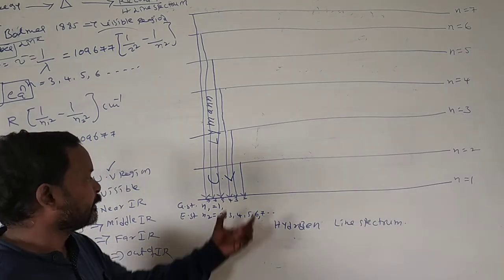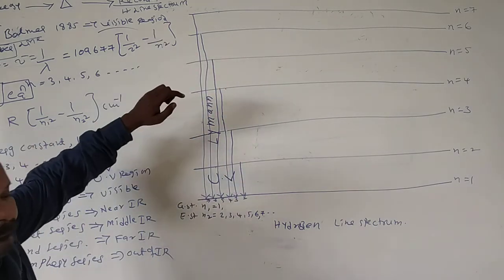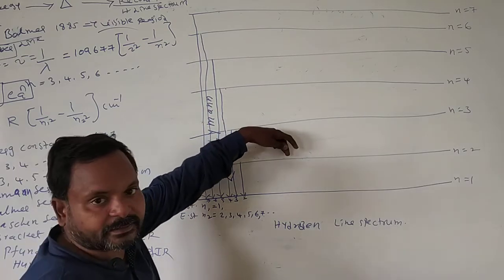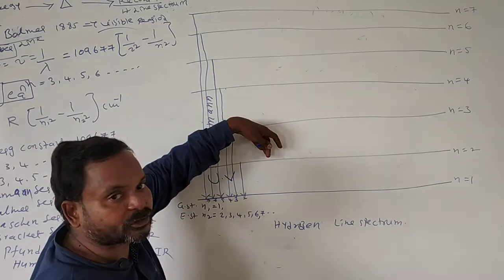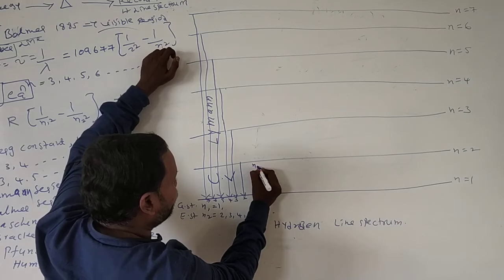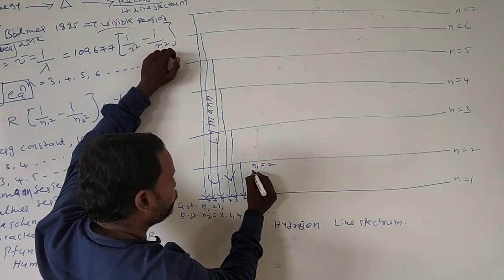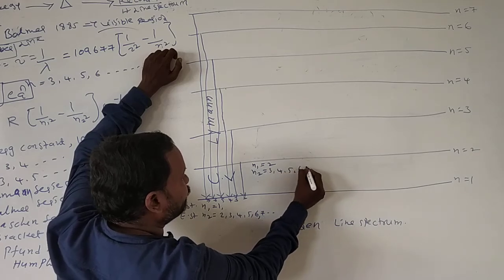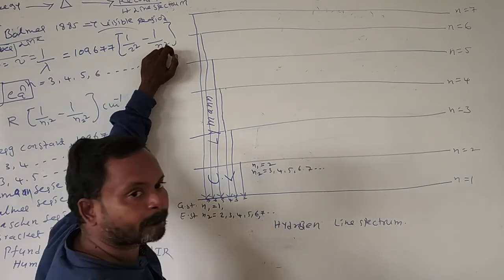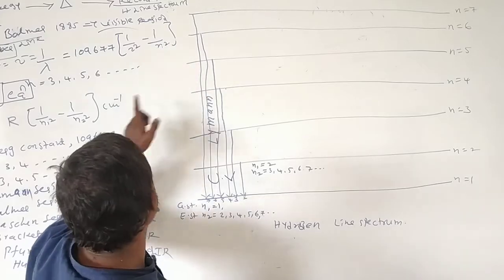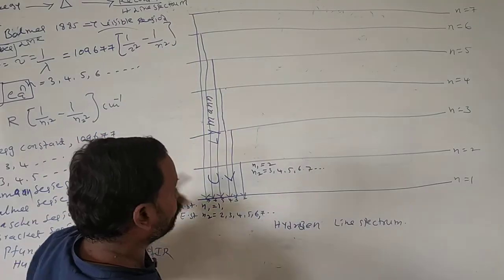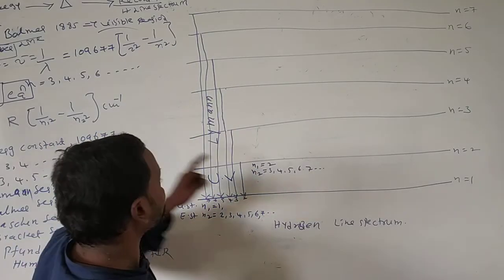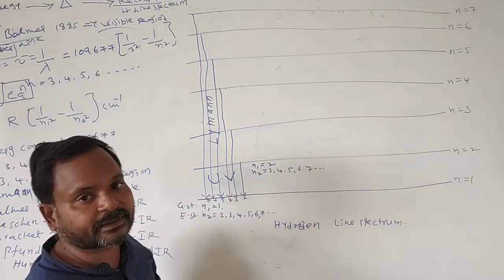Next, if the ground state is at the second position, that means n1 is equal to 2, and n2 is equal to 3, 4, 5, 6, 7, 8, 9.